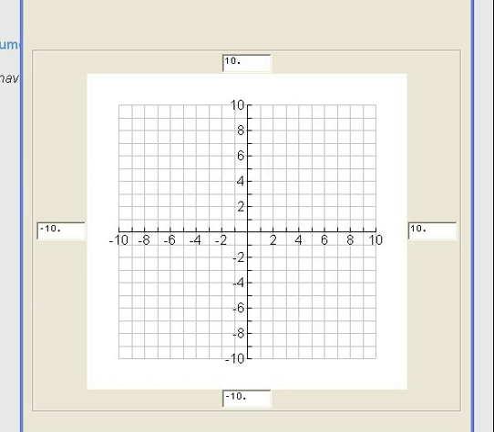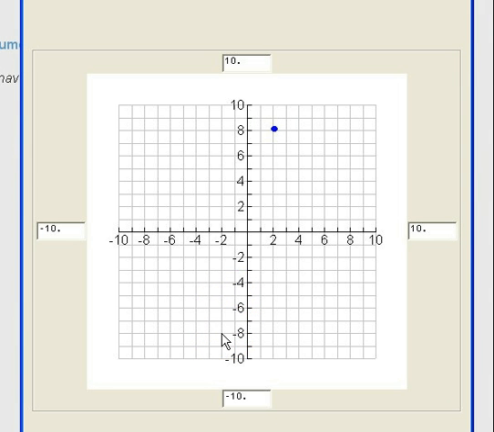Let's take a look now at what it means to be symmetric with respect to the origin. So again, I'll pick a point, let's say the point 2, 8. And I would like to find a point that is symmetric with respect to the origin. That means that if I went from this point through the origin and continued down, the origin would be the midpoint of that line segment.